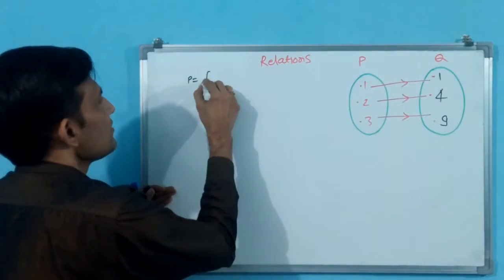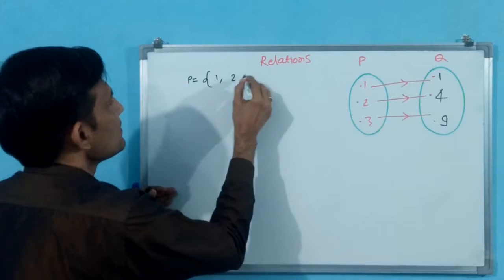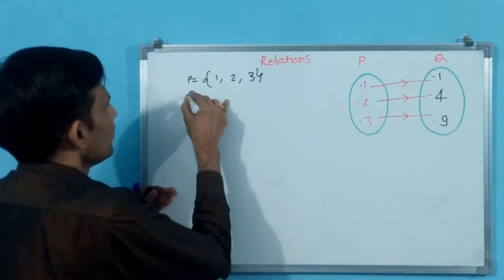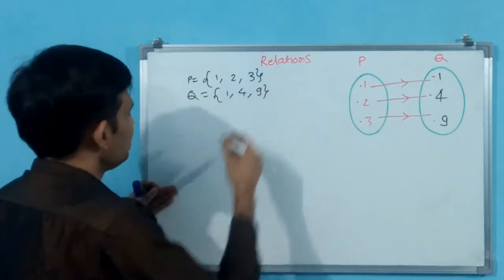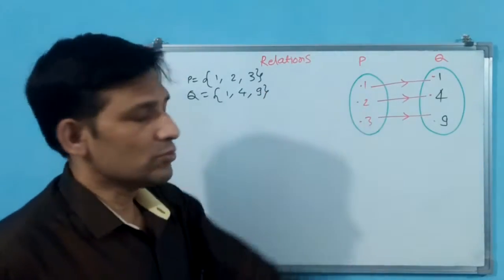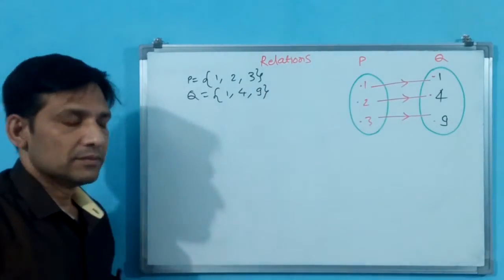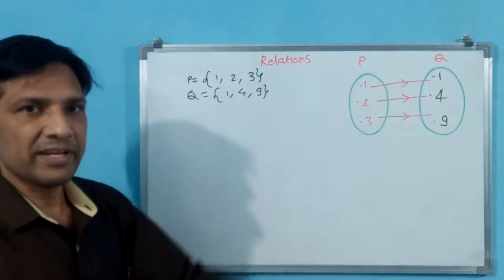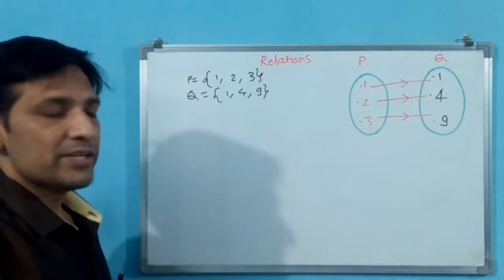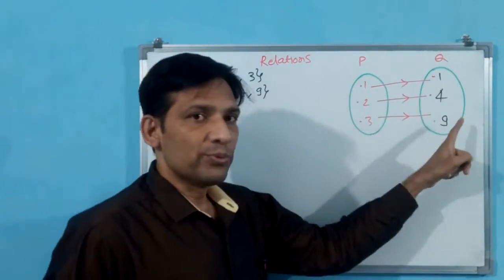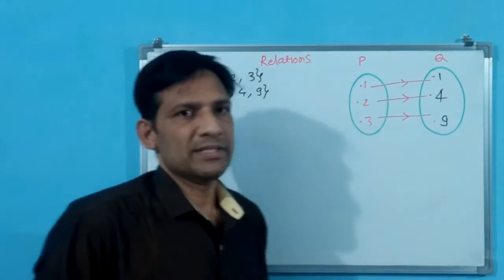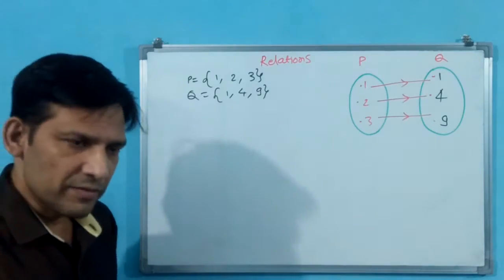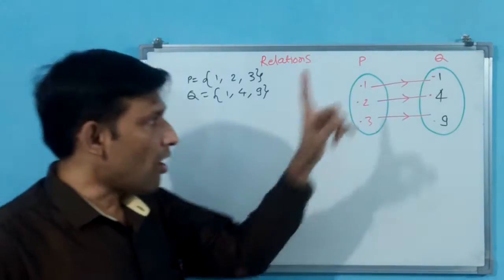Say P is equal to {1, 2, 3}, Q is equal to {1, 4, 9}. These two sets are having a relation. A relation on Q, or we can also say a relation from P to Q. Why? Because that is very essential.